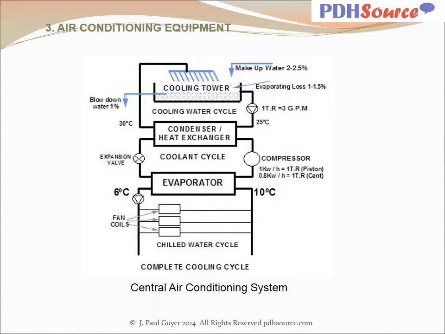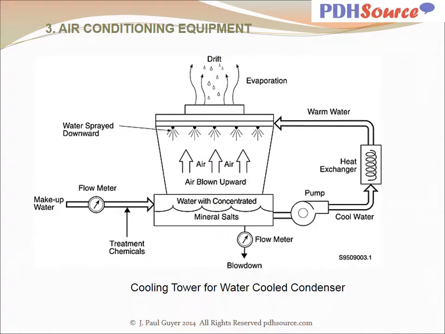And then the air from the occupied spaces is blown by a fan in the fan coil unit across the chilled water coil and is cooled by that chilled water coil. And then up at the top, instead of having an air-cooled condenser, you have a water-cooled condenser, and you are using a cooling tower. So this is a pretty typical system.